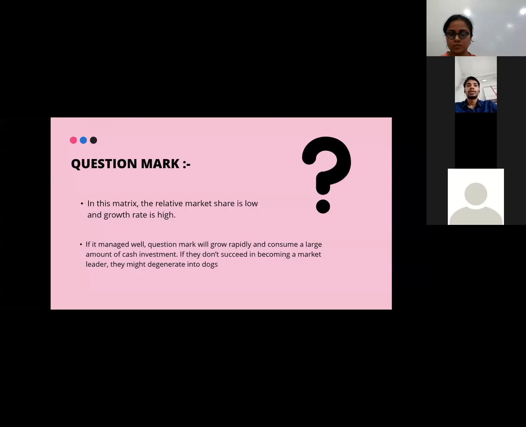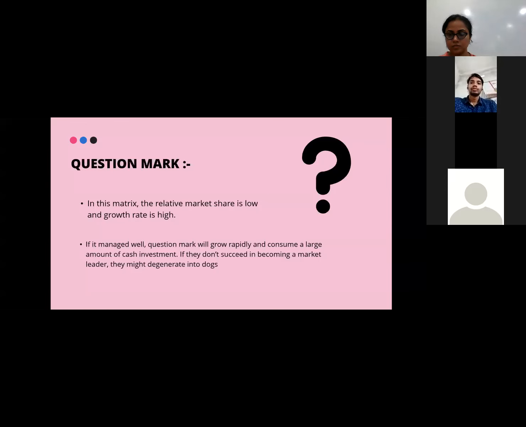Now come to the example. ITC foods come under the question mark category. The food industry in the FMCG sector is expected to grow by 23.15% CAGR by 2021. ITC FMCG products, particularly foods, are growing, but the growth rate is only 7.3%. The product is in a high growth market, but the market share is low.